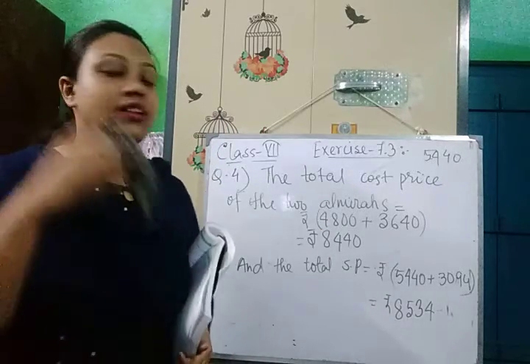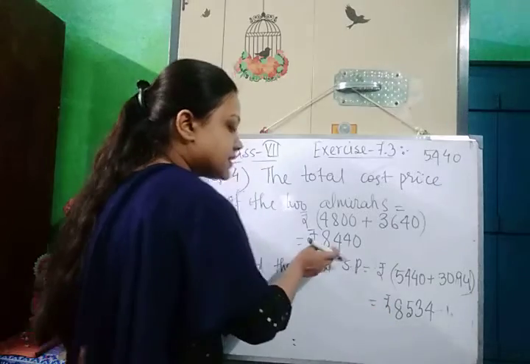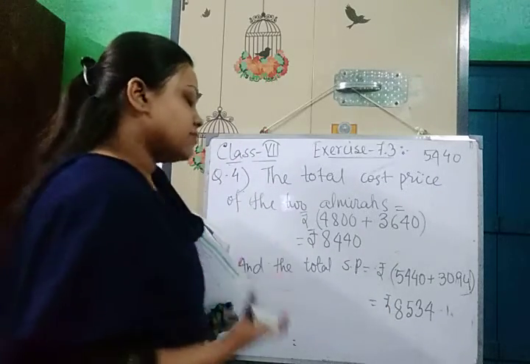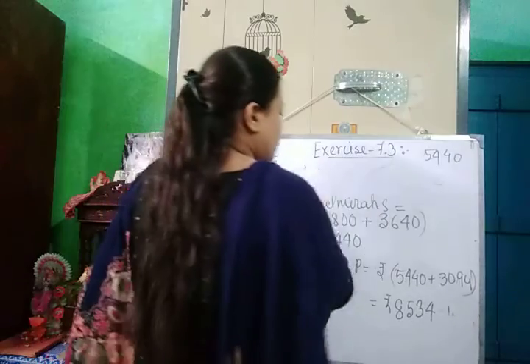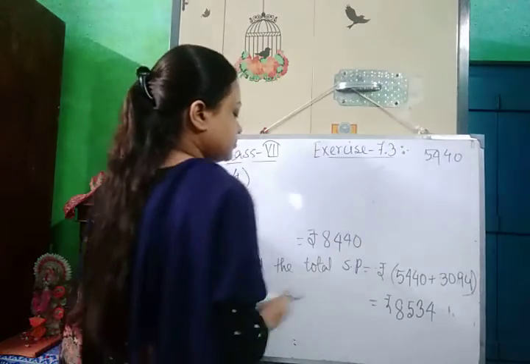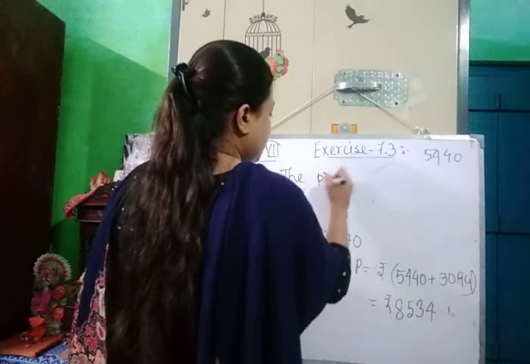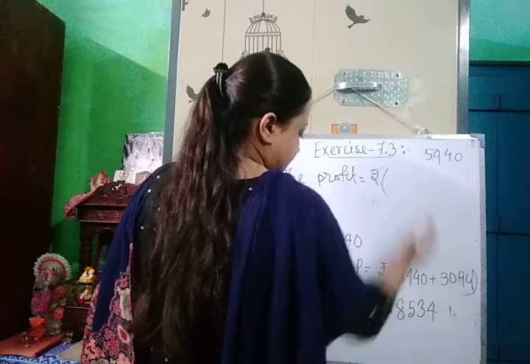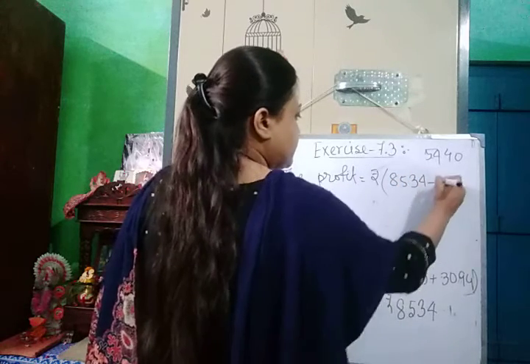So what is the profit or what is the loss? See, the selling price is greater than the cost price, so he got a profit. So what is the profit? Profit is SP minus CP. Therefore, the profit equals rupees SP minus CP.